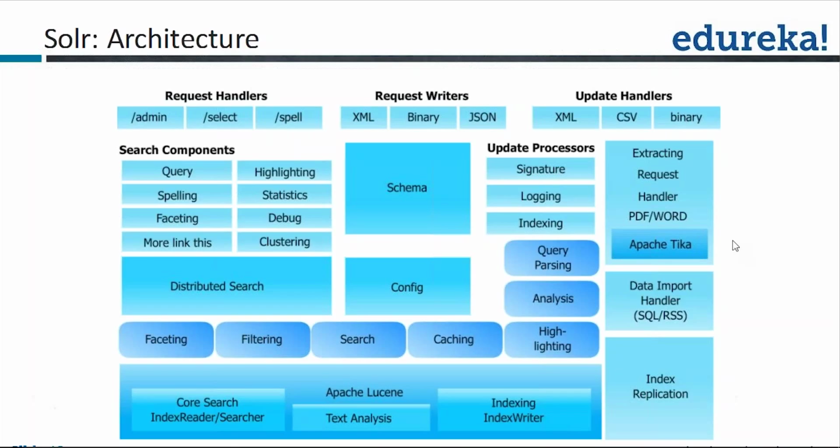In the diagram where we showed how the data is indexed, we had one component called directory. You can create an instance of the directory object by choosing the type of directory you want to store the data in. It could be HDFS, it could be NTFS, it could be a RAM index directory, wherever you want to store the indexes.